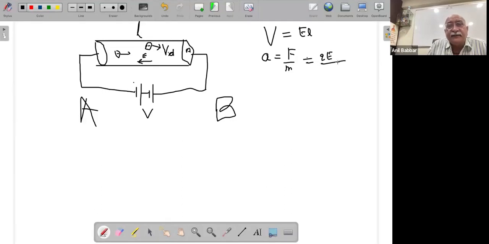So Q times E will give us the force acting on the charge, with mass m. And what is the value of E? It is V by L.